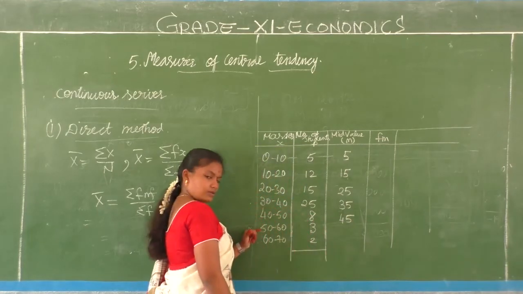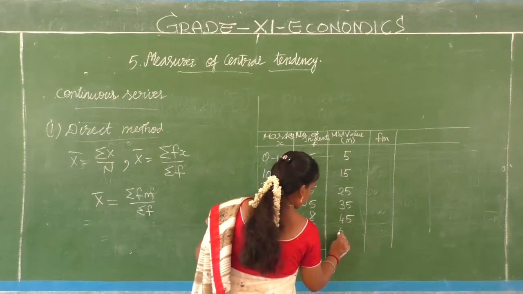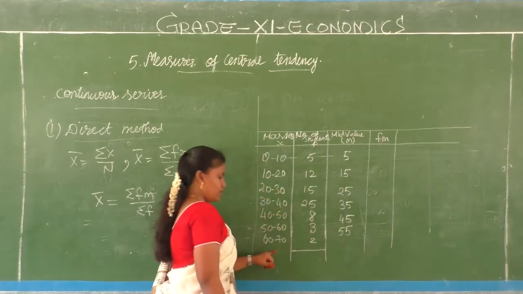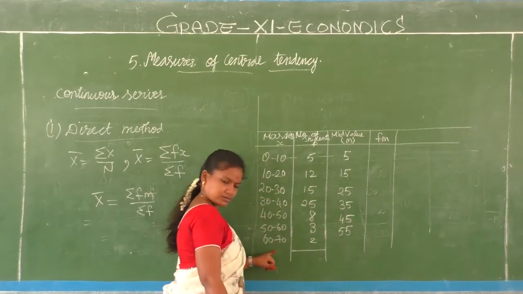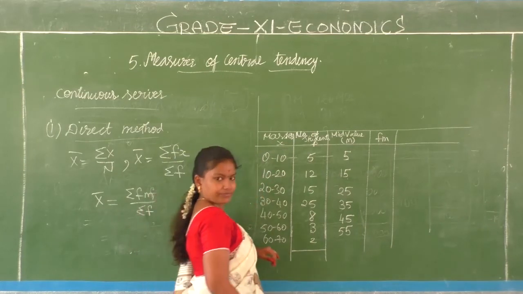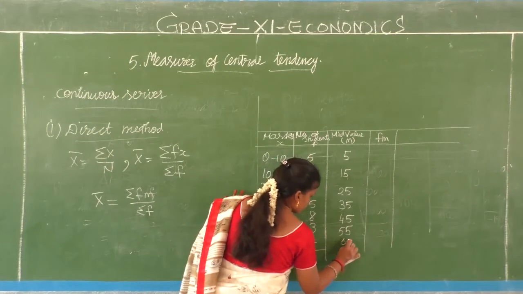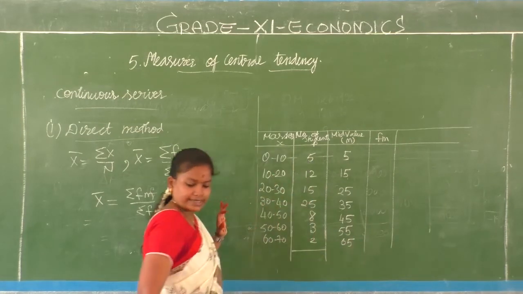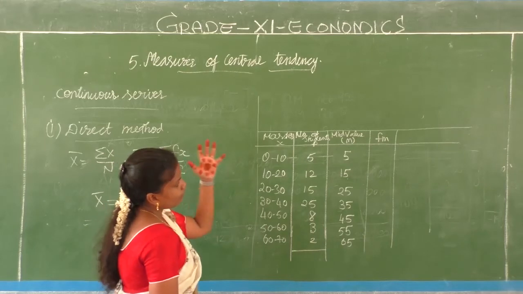Then 110 divided by 2, 55. 130 divided by 2, 65. Done, children? Now you have got the m values.